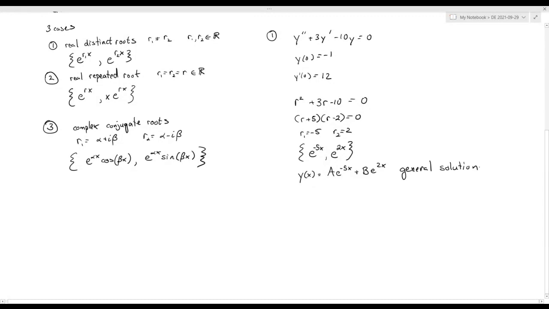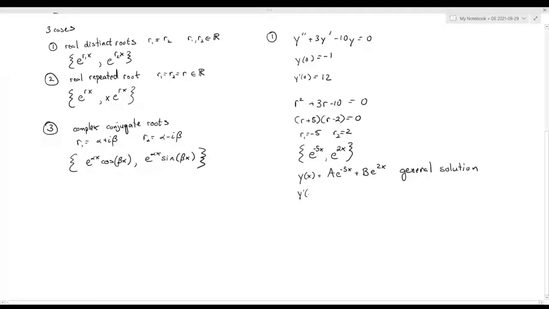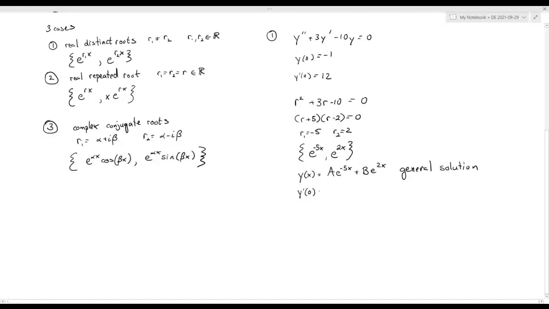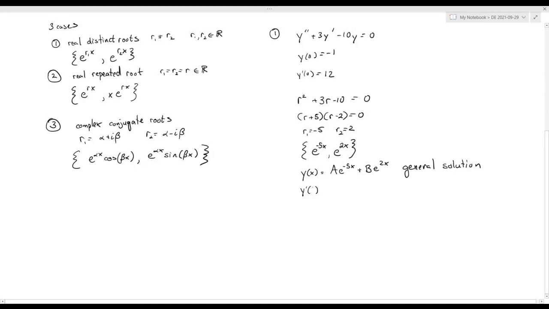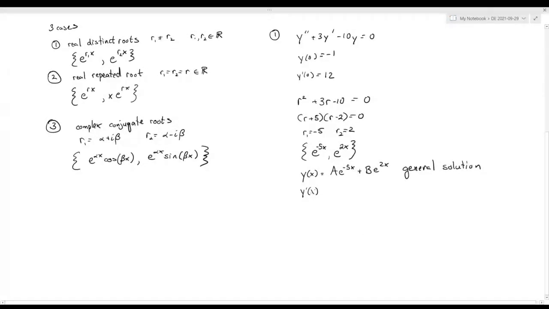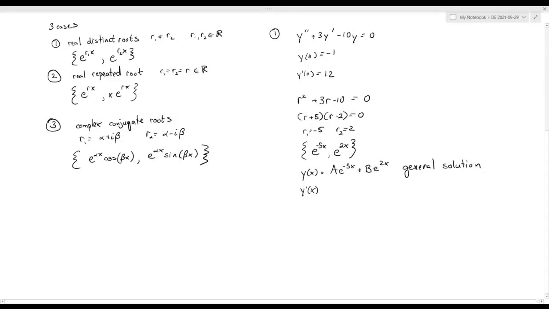And if you want a particular solution to the initial value problem, we'll go ahead and use our initial values in here. For a second order differential equation, we're using an initial value for y and its derivative.